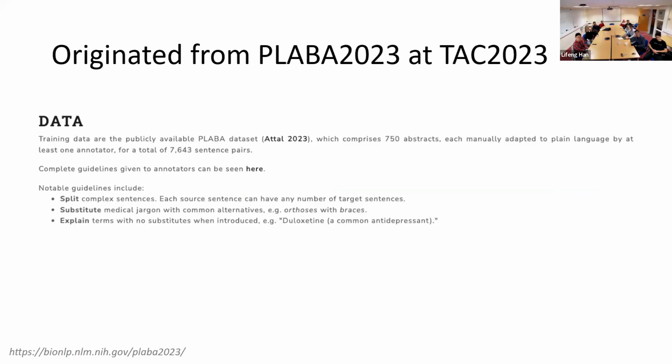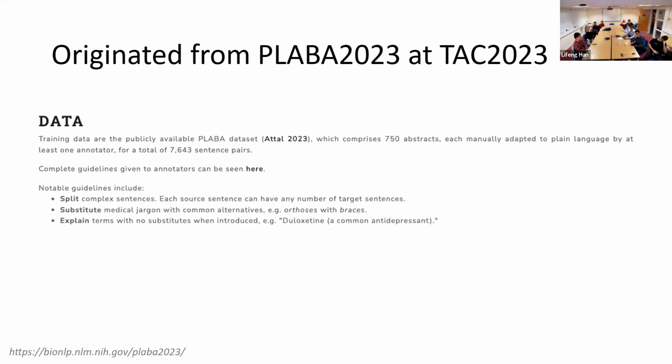Yeah, so this is a data set from PLABA 2023, and the original data was published in January of this year by Attal, and it is from 750 abstracts from PubMed, if I remember correctly.